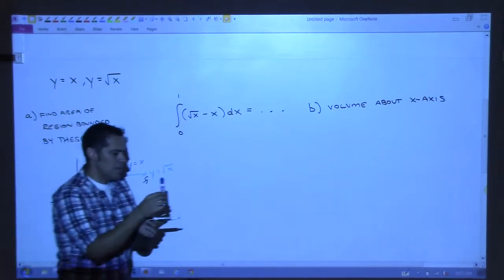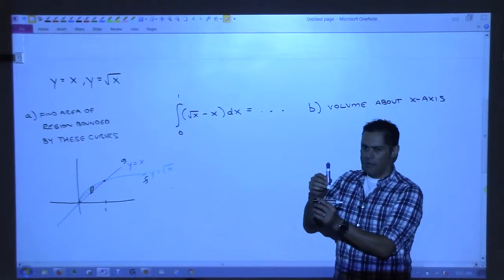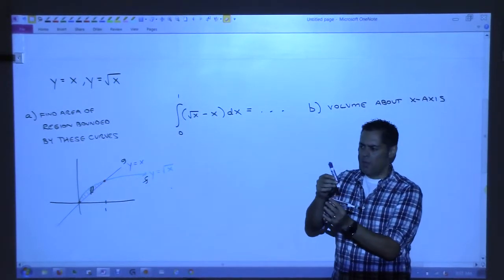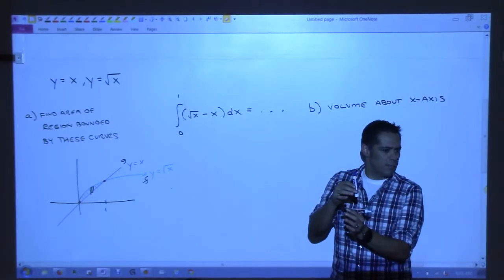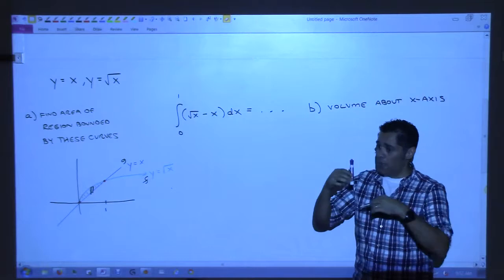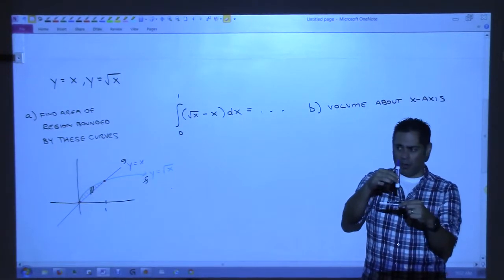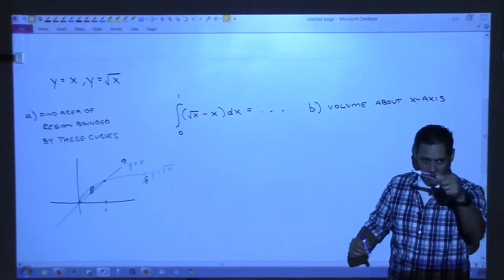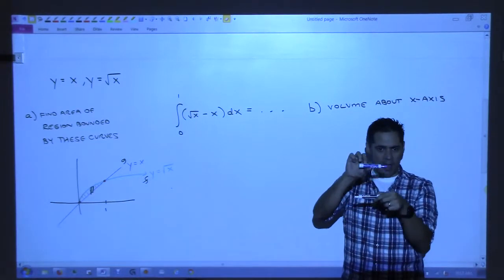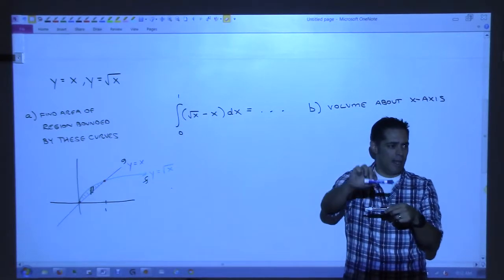There's another word for perpendicular, it's orthogonal, which I prefer to use. Have you heard orthogonal? Maybe you have. Orthogonal means perpendicular. It's more mathy though, okay? So notice that with the method we're using, our rectangle is orthogonal to our axis of rotation. Later on today, it won't be. We're going to have a rectangle like this and an axis of rotation like this, and we're going to have a new method on how to do that, all right?